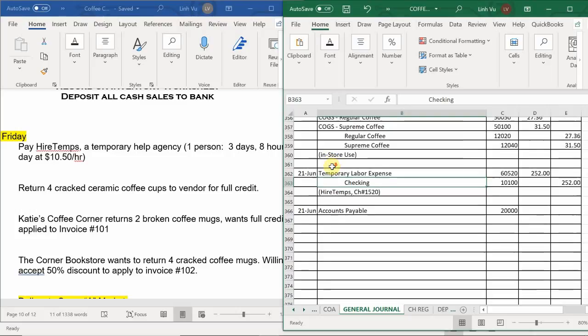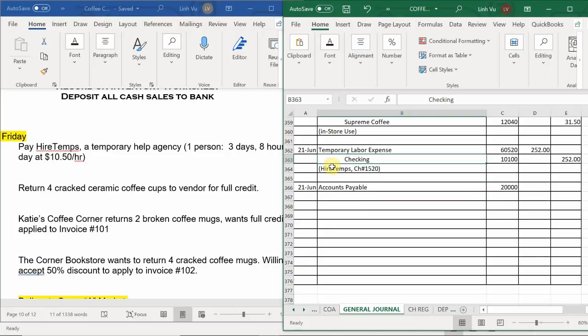What account would I be taking out from if I recognize my coffee mugs were periodic inventory, or in this case, a purchase expense?